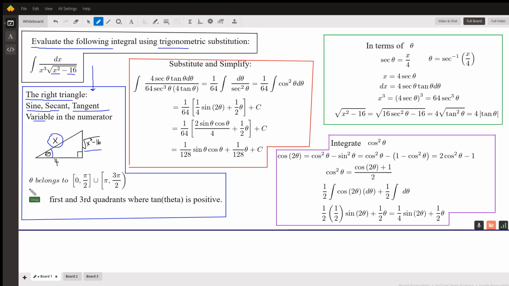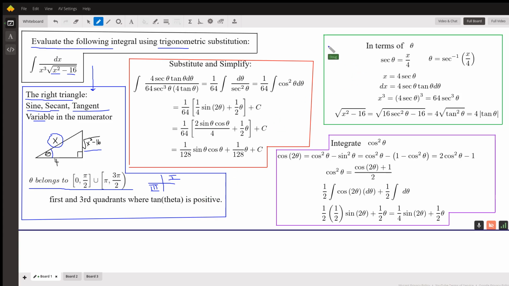And we're going to make this assumption that theta belongs either in the first quadrant or in the third quadrant, because in those quadrants, the tangent of theta is positive, which means we don't need to use absolute value symbols after the trig substitution.